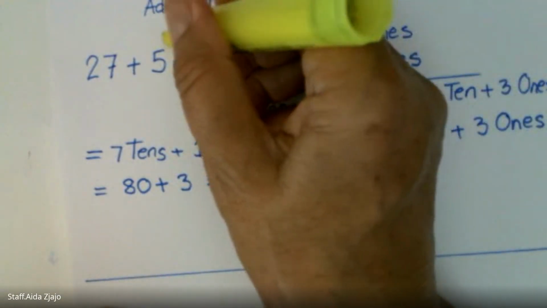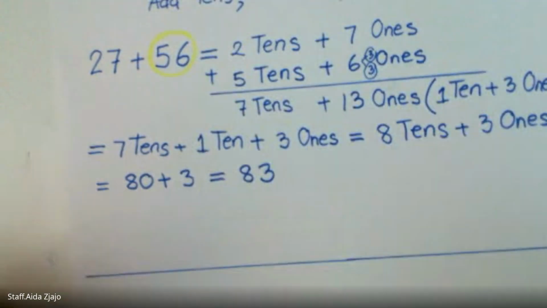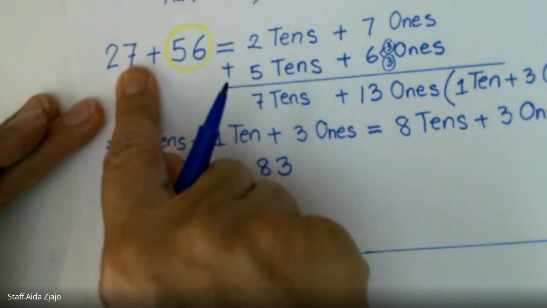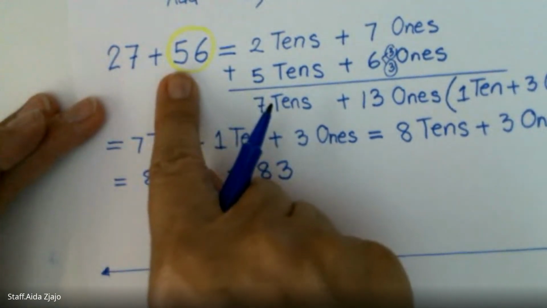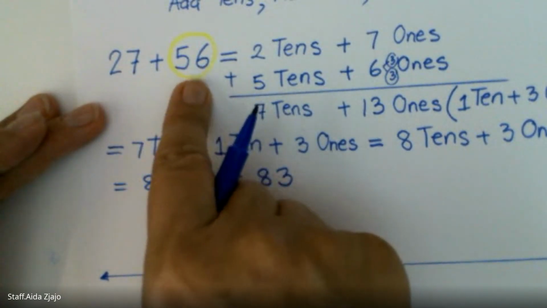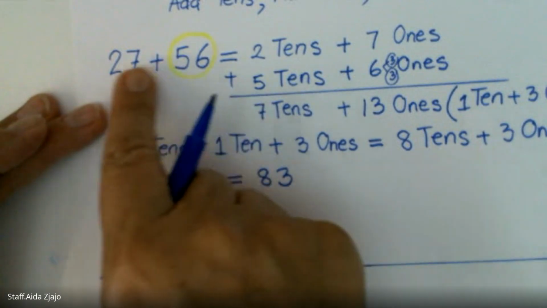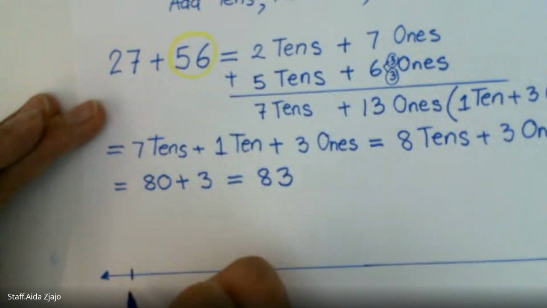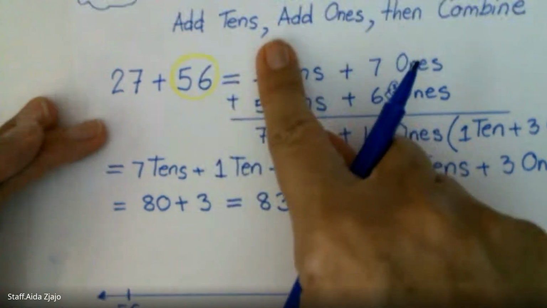So I'd rather start with the greater number. Because of the commutative property, 27 plus 56 will be the same as 56 plus 27. So I'm going to choose to start with the 56.